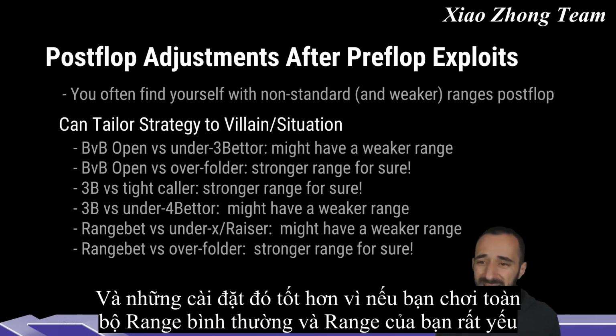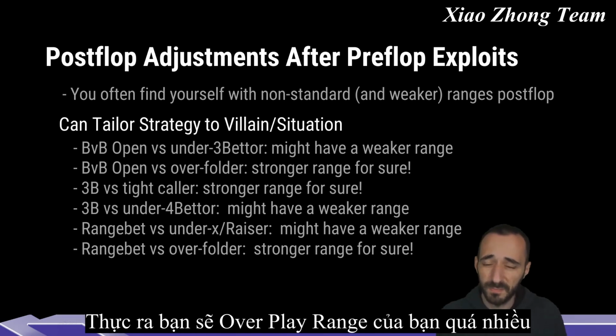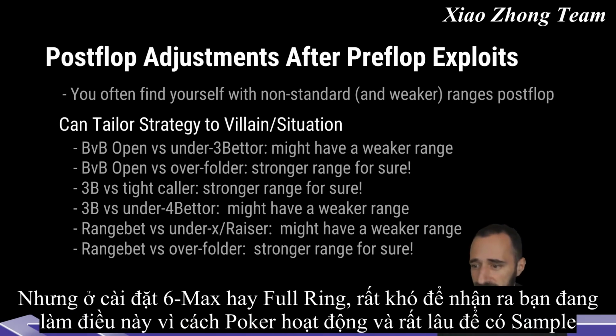Otherwise, if you play your entire range normal and your range is really weak, you will end up constantly overfolding and over-bluffing, and people might notice. You don't want to do that if people might notice.